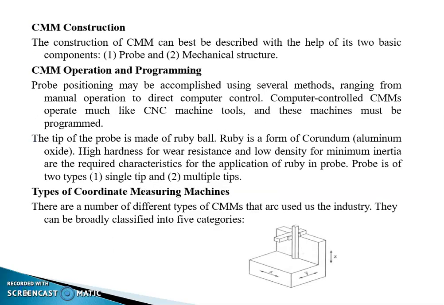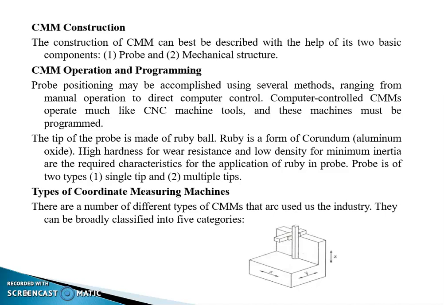And the next is the CMM construction. The construction of CMM can best be described with two basic components. The first one is probe and mechanical structure.